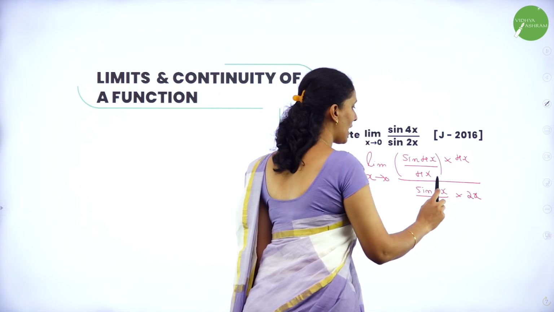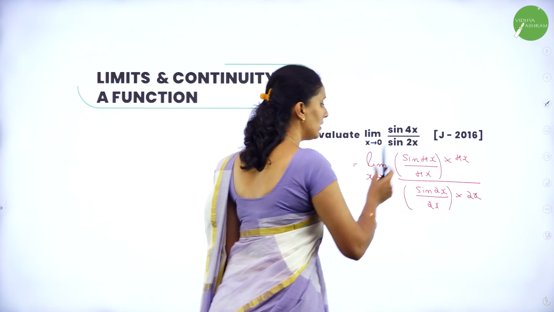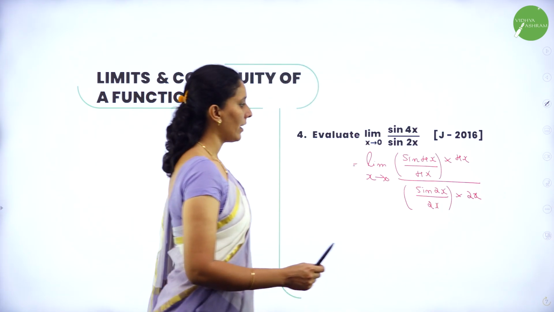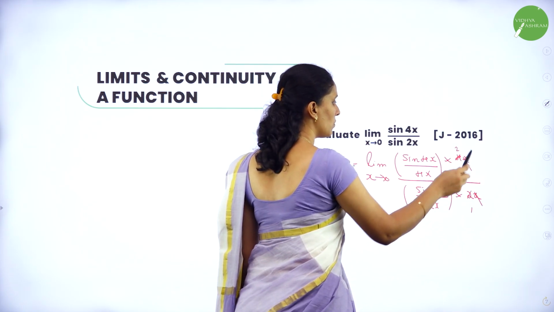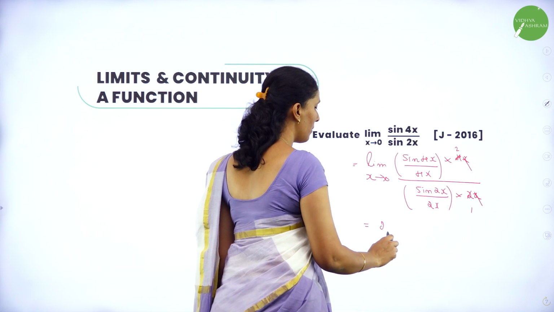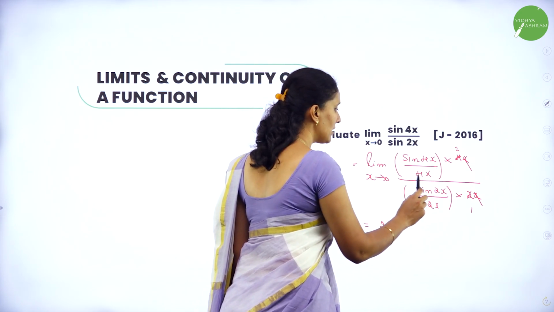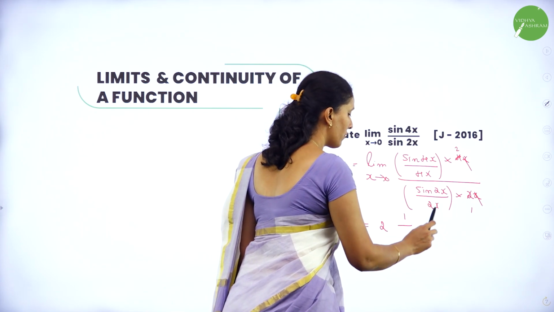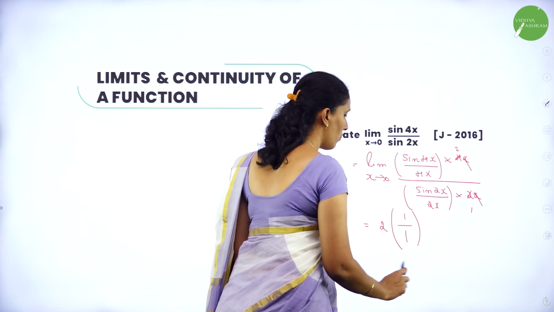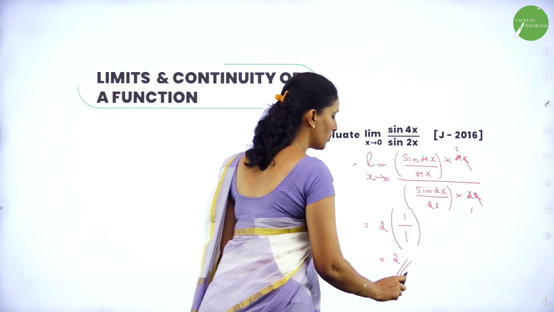We can apply the standard limit for the quantity inside the bracket. Here x and x get cancelled, 2 1s are 2, 2 2s are 4. I can take 2 outside the limit. Limit of this function is 1, divided by limit of this function is also 1. So 1 over 1 we'll get. So the answer is 2.